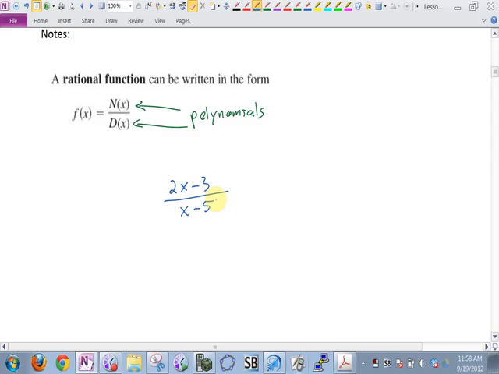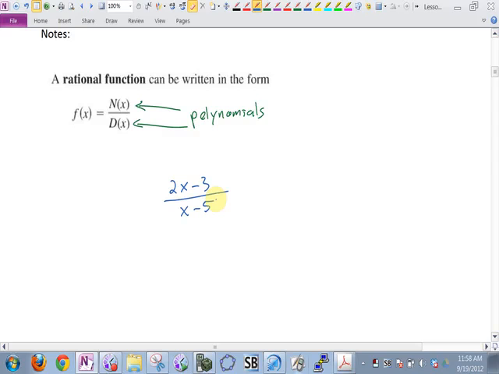However, is it itself considered a polynomial? Absolutely not. For example, what is the domain of all polynomials? All reals. But what is the domain of this function? All real numbers except for the number 5, right? Something is clearly happening around this number 5.